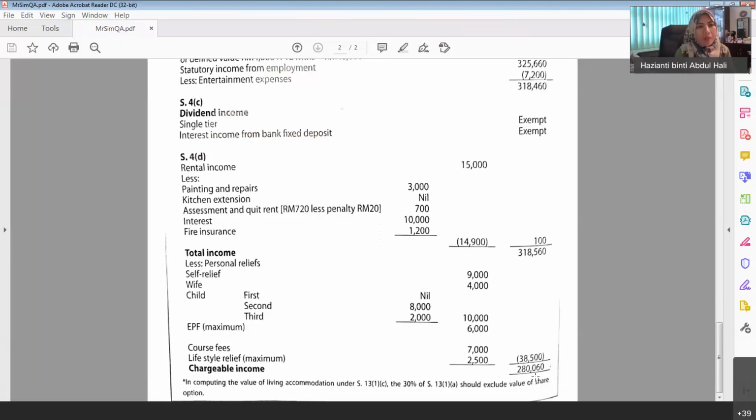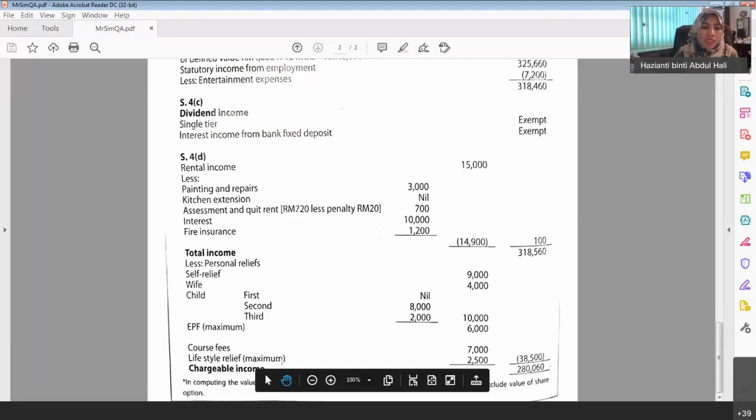Katakanlah dia beli buku, total dia beli 1,000 ringgit tapi receipt dia ada 500 ringgit je. He can only deduct 500 ringgit. Mesti substantiated by receipt for this one lifestyle ni, you cannot simply claim je.